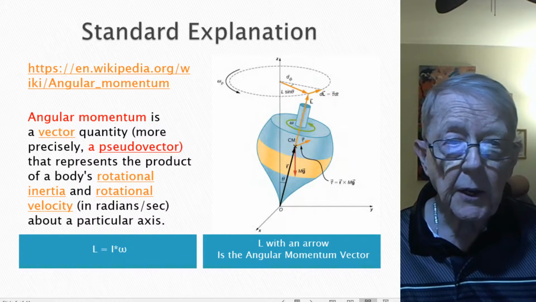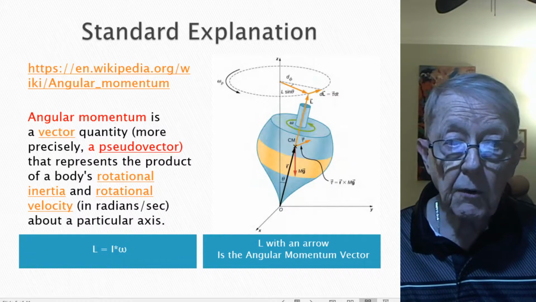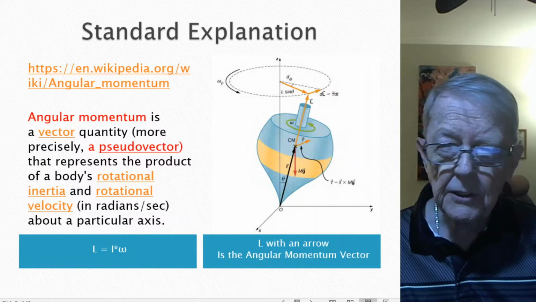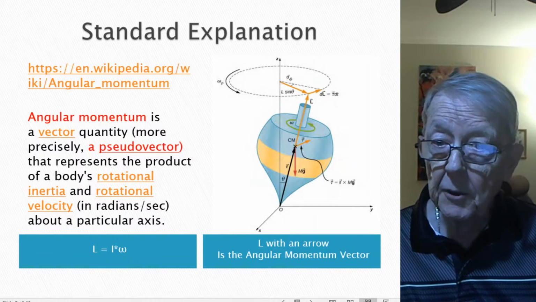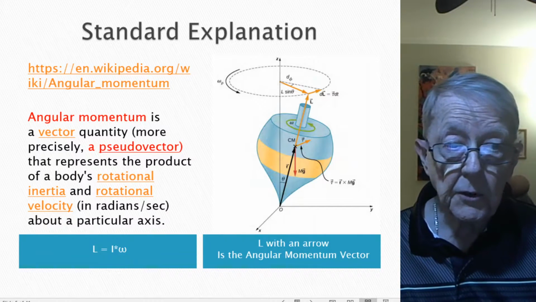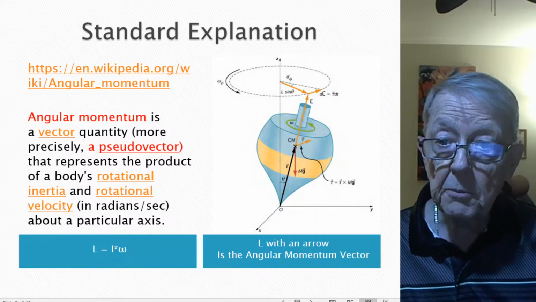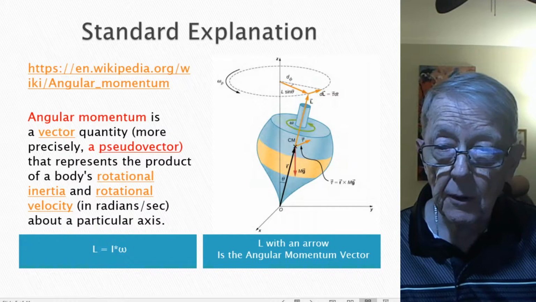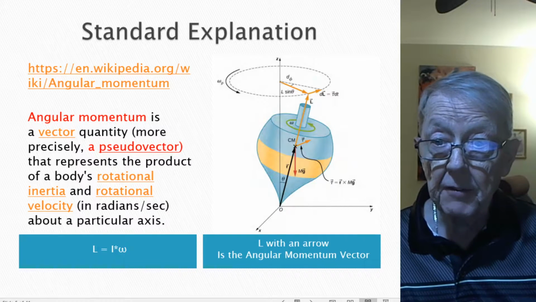They start with angular momentum, which is a vector quantity. More precisely, a pseudo-vector. In fact, I think all vectors in general are called pseudo-vectors because it's a mathematical expression, has magnitude and direction. But it's a pseudo-vector, which means whatever is moving that top around to precess, it's not the vector.